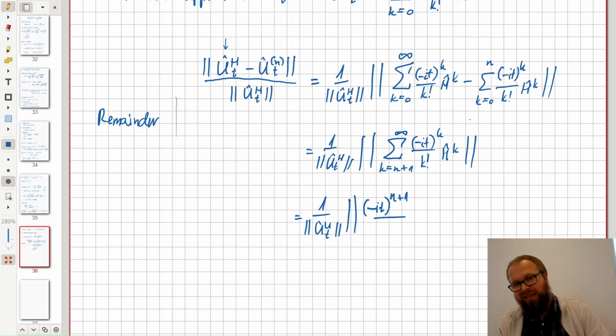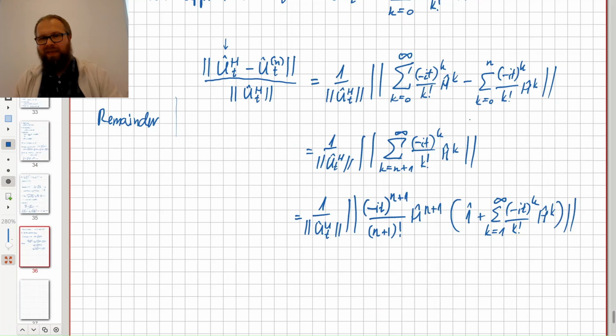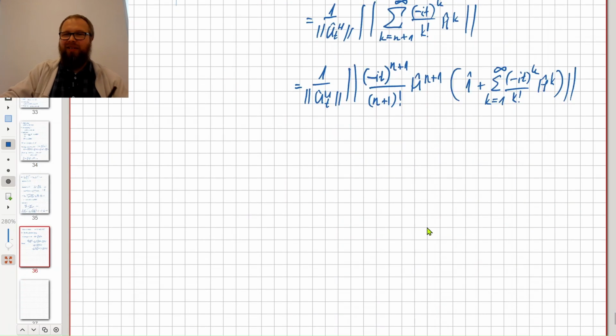Then the remaining sum runs over k from 1 to infinity. This is a nice feature of the exponent, and the reason the Schrödinger equation looks the way it does.